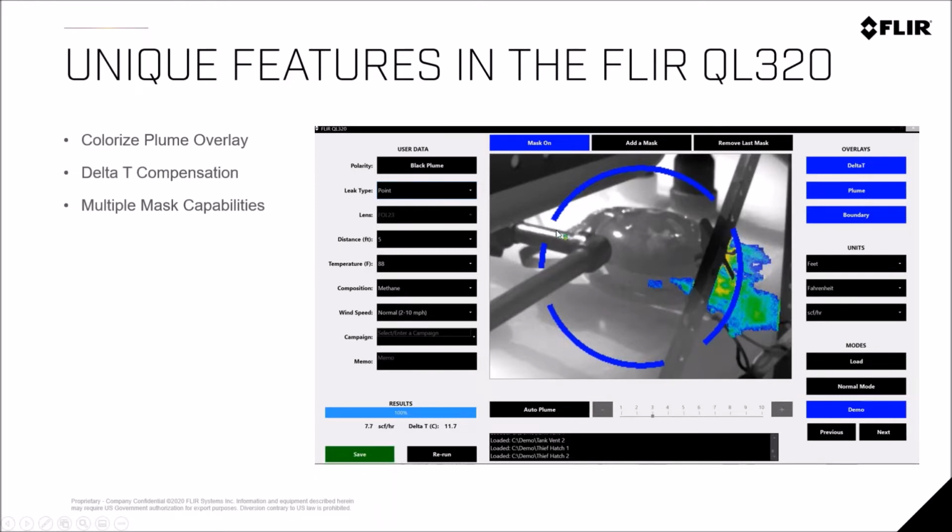And you can see some interference here with reflectivity off of this pipe. And the technology is looking at that and thinking that something is unique just because of the way that that's changing. And so you can use these multiple masks to be able to mask out any foreign objects or any stationary foreign objects that wouldn't be moved as the camera is sitting on a tripod.